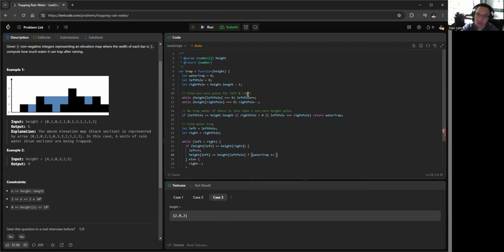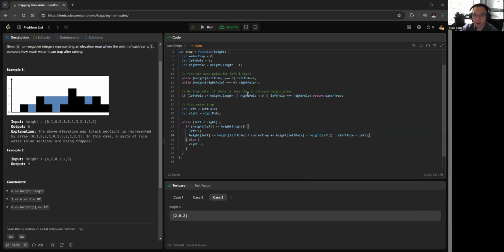And what is the water trap? It's just going to be the difference in the height, which is the height at the left pole minus the height at the left. And if the height at the left is greater than the height at the left pole, we want to reset our left pole equal to left.